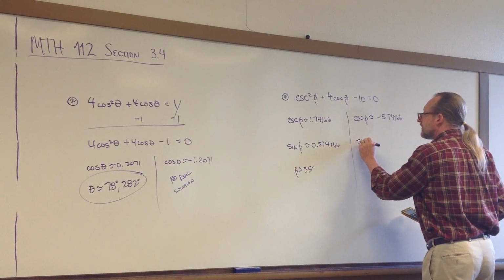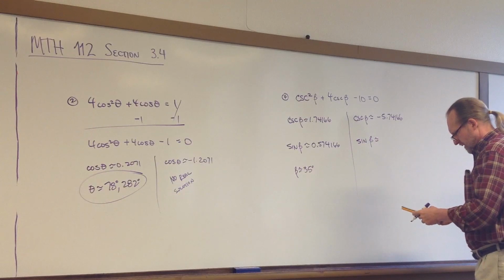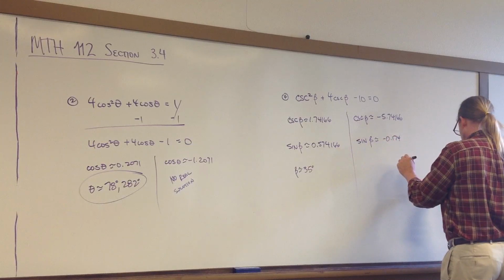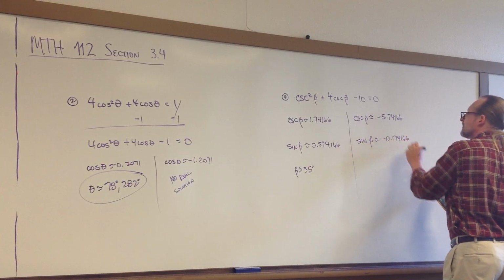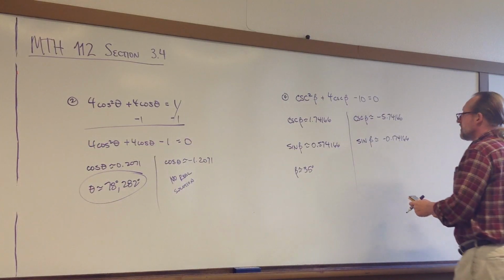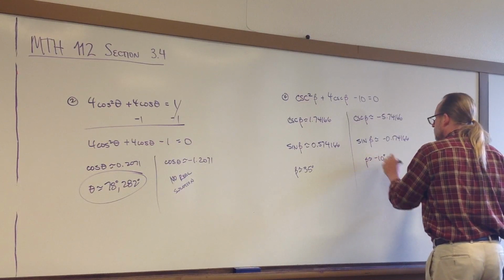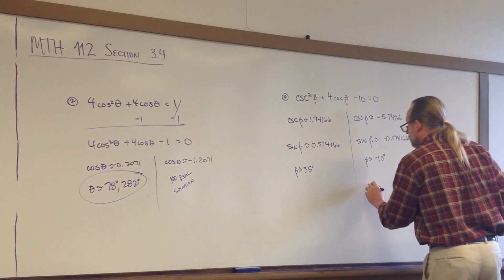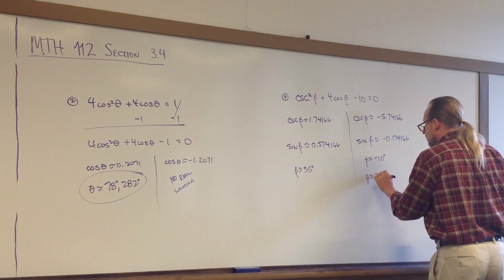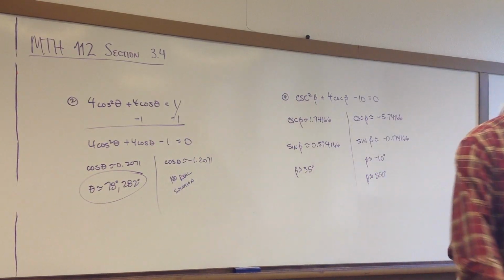Sine of beta is going to be 1 divided by the other root, so negative 0.174166. We'll take the inverse sine of that, and that gives us the value of beta as a negative angle. For values between 0 and 360, we'll have 350 degrees in the fourth quadrant.